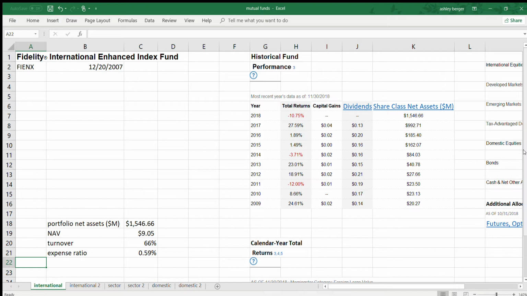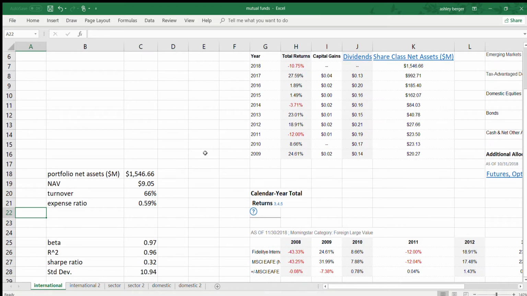This fund has a portfolio net assets of $1,546.66 million. It has a net asset value of $9.05 with a turnover ratio of 66% and an expense ratio of 0.59%.